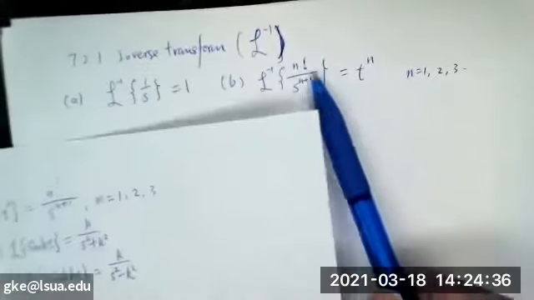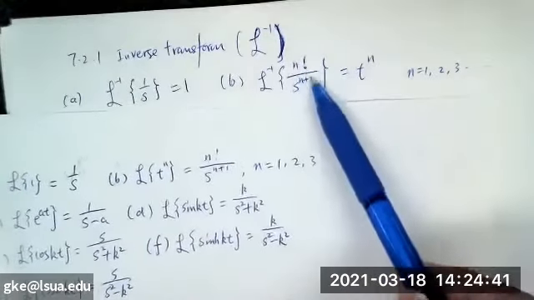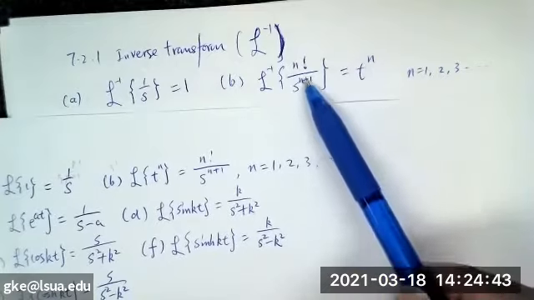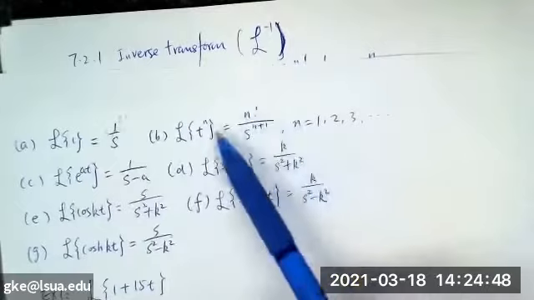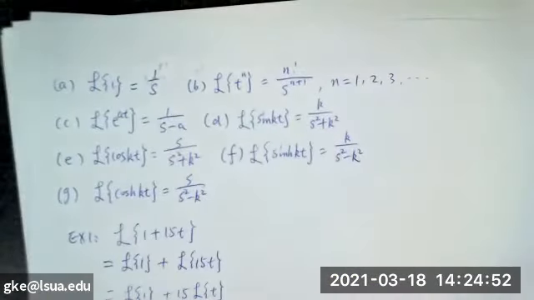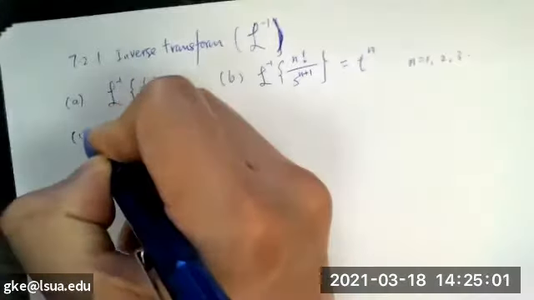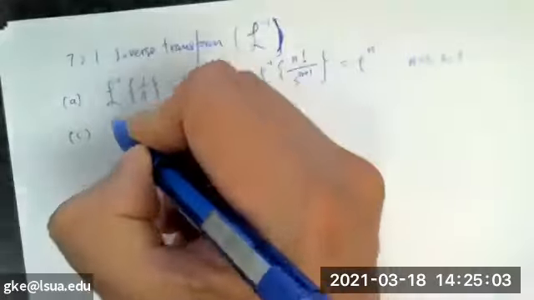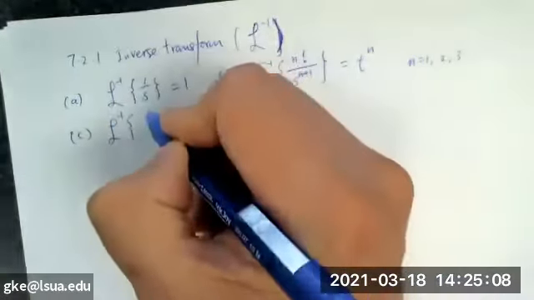Now the inverse goes from n factorial over s to the power n plus 1 back to t to the power n. Similar for the other formulas. Okay, I just write down the other formulas here. Very similar to the others, you just do the reverse process.